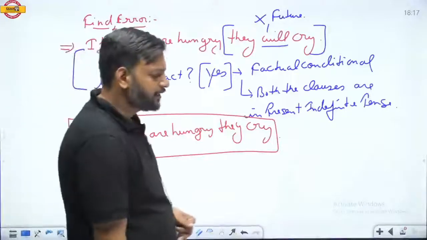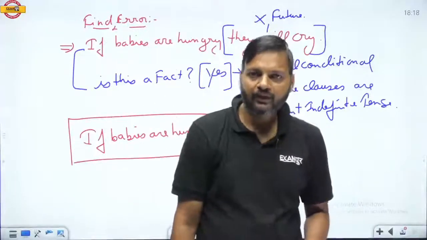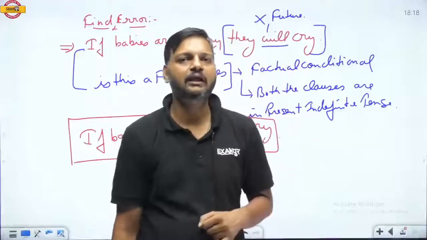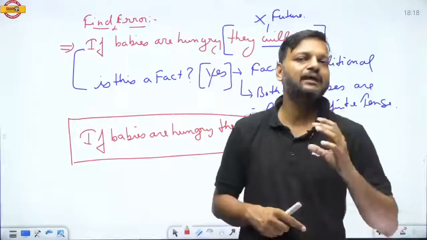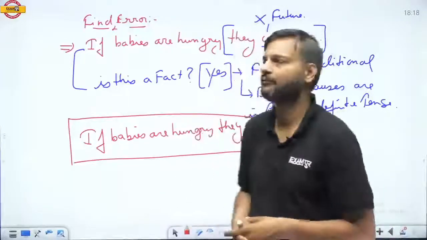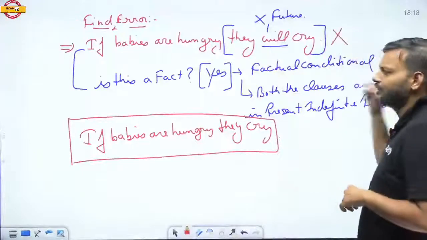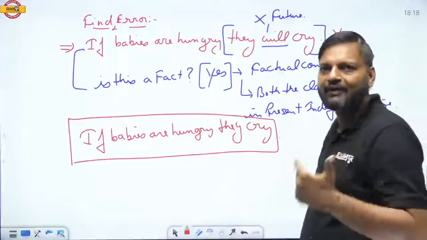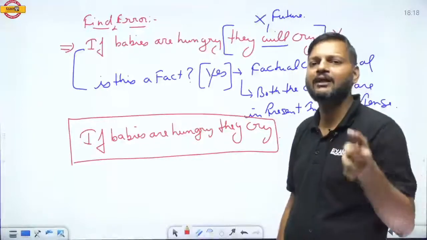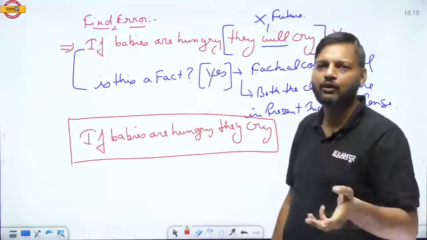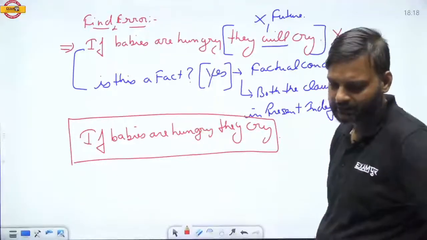So if any conditional sentence refers to a fact or universal truth, it is a factual conditional, and both the clauses of a factual conditional must be in present indefinite tense. Right? So if babies are hungry, they will cry is a wrong sentence because it is a fact, and a fact cannot be in future tense. It should be in present indefinite tense in both the clauses, because this is what a factual conditional suggests. Right?